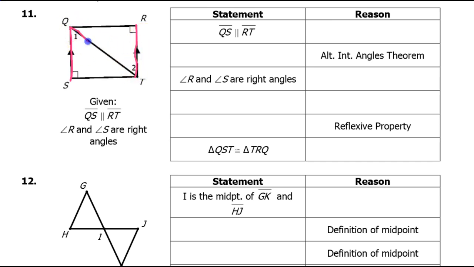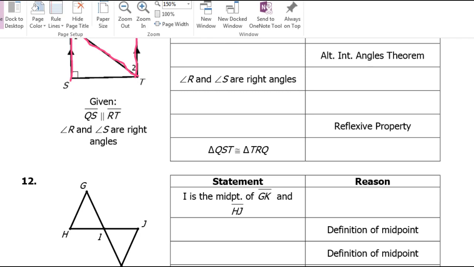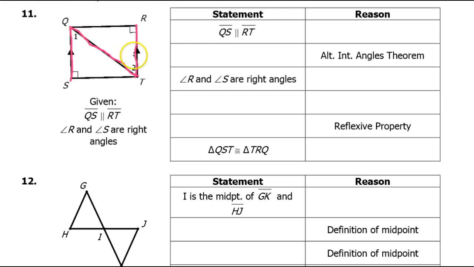Okay, well if I connect them this way, it makes an N. Now the corners of this N are called alternate interior angles. Remember that phrase. All right, these corners are called alternate interior angles. So they are going to be congruent by the alternate interior angle theorem.